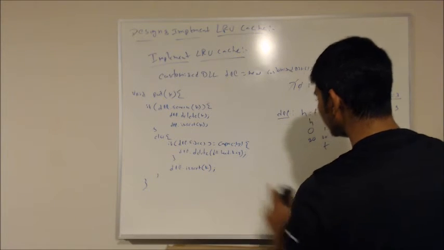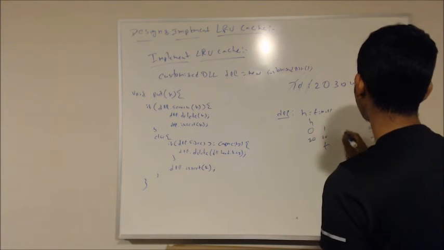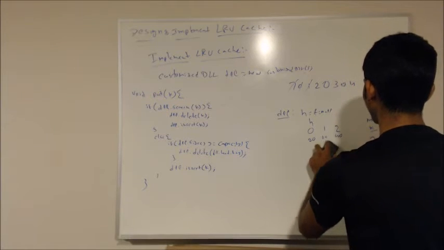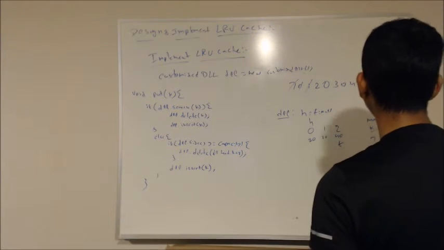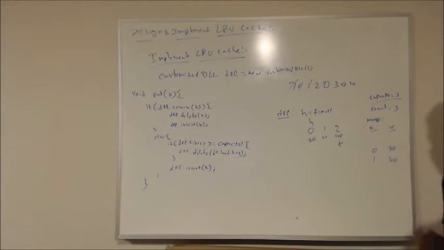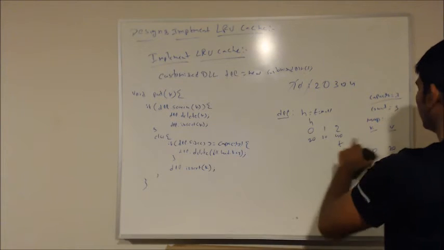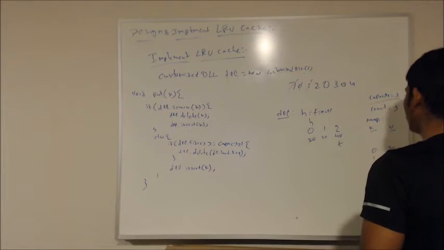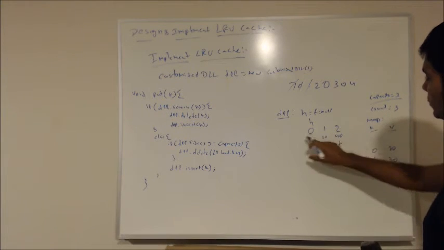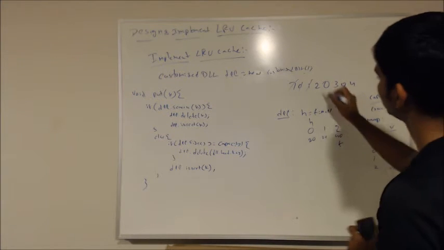Then we'll go ahead and insert k. That means we insert 2 here. Let's say its address is 40, and we update our tail. Whenever we delete here, we remove from the map also, and we put the new entry 2 and 40. Now 2 is done. We don't need to update the count because our capacity is still 3.